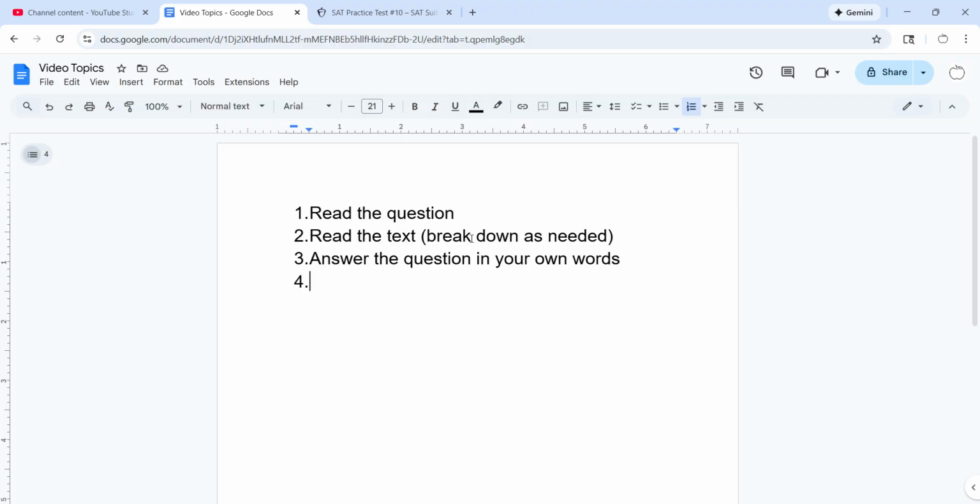Because the effort in your brain, as those neurons are firing, that effort to come up with what the right answer in your own words might be, is where you're getting the benefit. And so even if you don't come up with an answer, by trying to think about it, hey, the hypothesis or the claim in the text was that it's going to rain hot dogs out of the sky tomorrow.